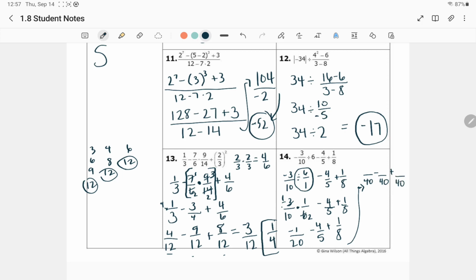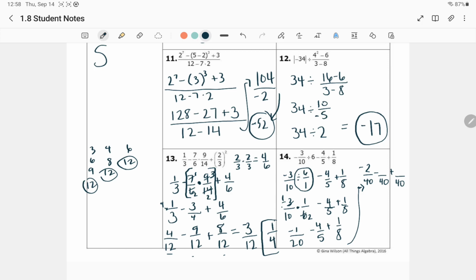Okay. To get to 40 from negative 1/20, I would need to multiply by 2. So it would be negative 2 on the top. And then 5 multiplied by 8 will give you the 40.